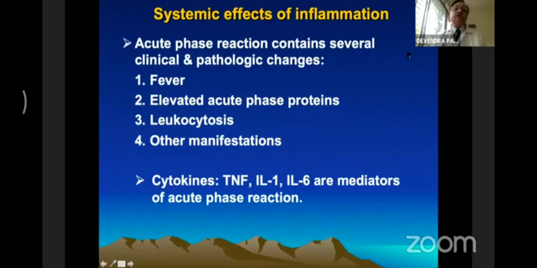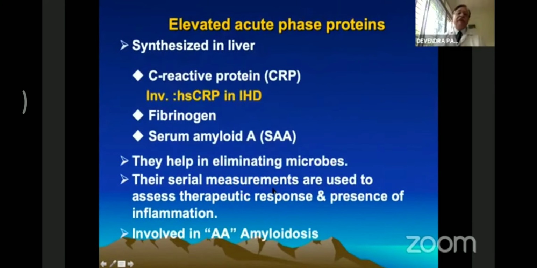Systemic effects of inflammation: fever, elevated acute phase proteins, leukocytosis, and other manifestations are also there, which are usually carried out by the mediators tumor necrosis factor and interleukin 1 and 6. Of the elevated acute phase proteins, C-reactive protein is very important.